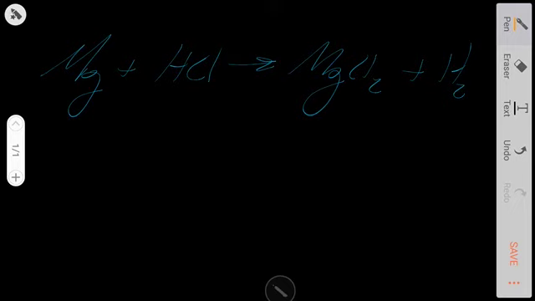Next it says calculating the molarity of a solution. The equation for molarity is capital M is equal to moles over liters.